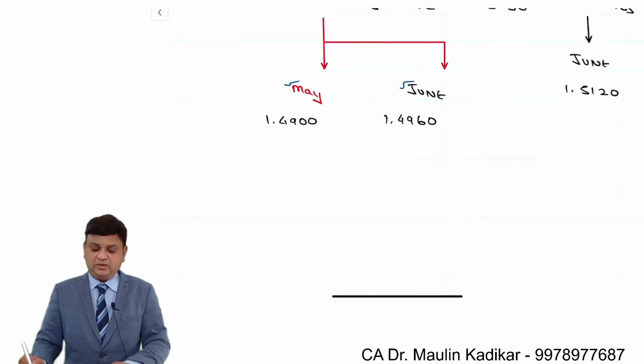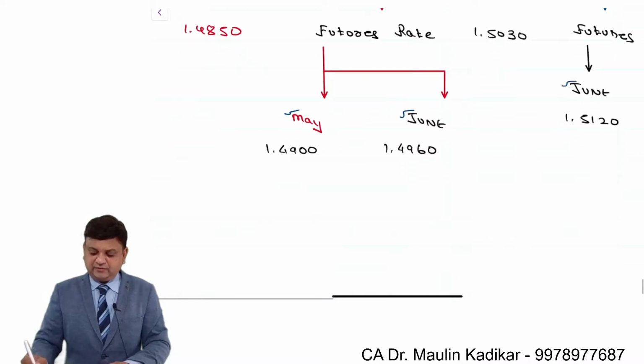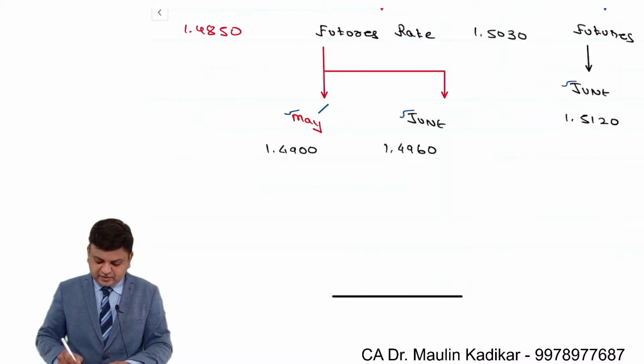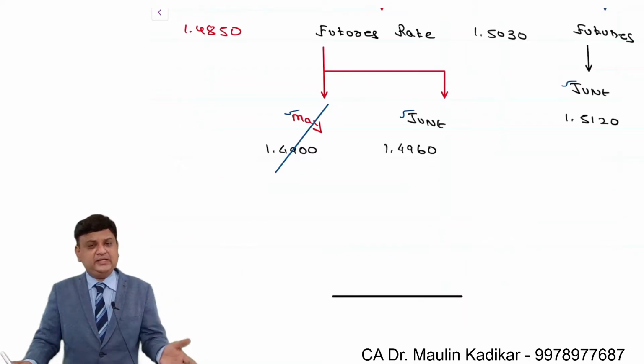However, later on 20th of May, we have been provided with the futures contract rate only for the month of June and not for the month of May. That is the reason we cannot enter into the futures contract for the month of May. Otherwise, we would have had both kinds of possible answers, in which we can enter into the May futures or June futures.